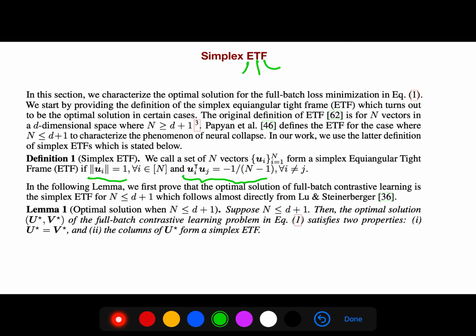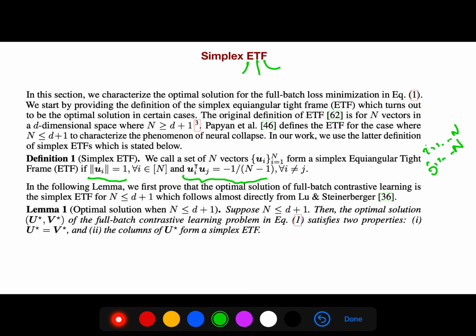So we say that a set of n vectors, for example, i varies from 1 to n, j varies from 1 to n, if their dot product becomes this value for all pairs, of course, then we call it a simplex equiangular tight frame.